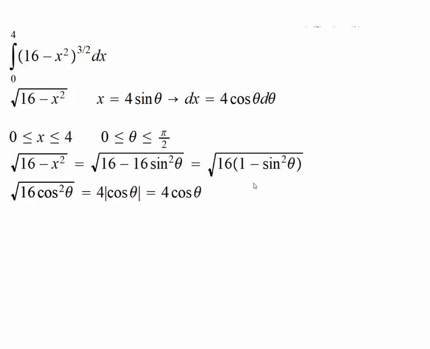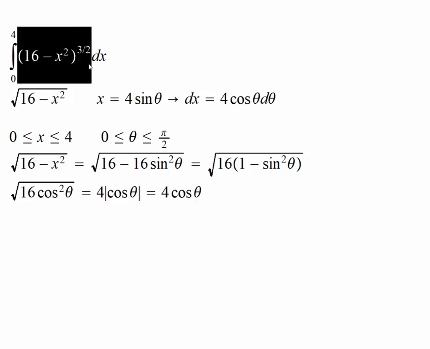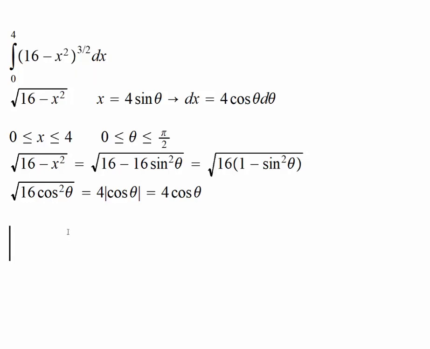So here our main thing was 16 minus x squared to the 3 over 2.